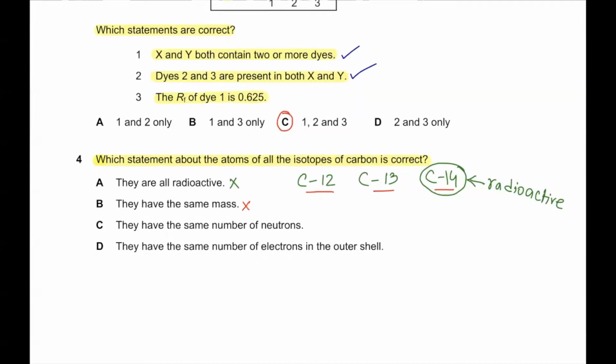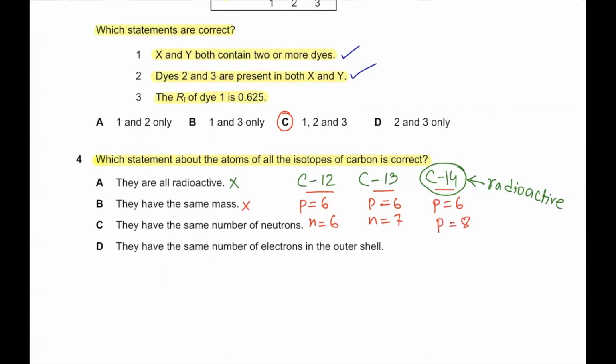They have the same number of neutrons. The number of protons in each of them is going to be 6. The number of neutrons, however, will be variable. For carbon 12, the number of neutrons will be 6. For carbon 13, it will be 13 minus 6 equals 7. For carbon 14, it will be 14 minus 6 equals 8.